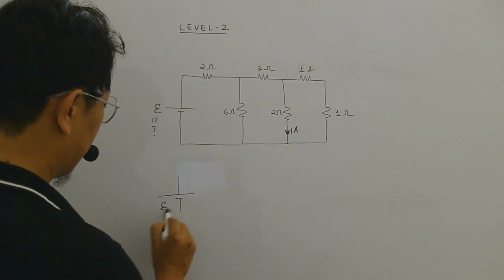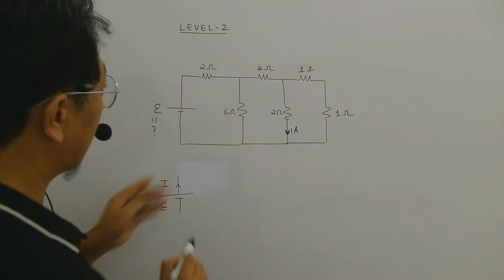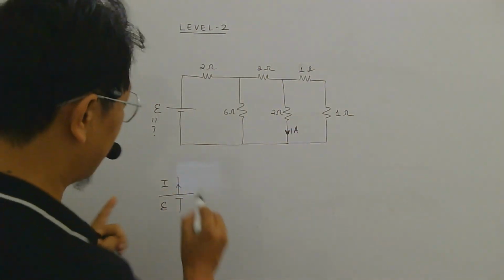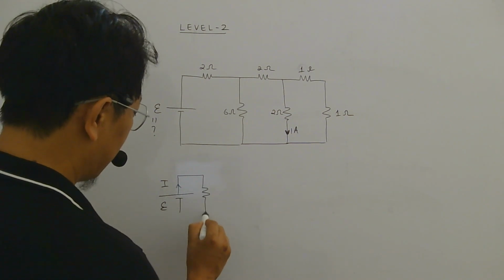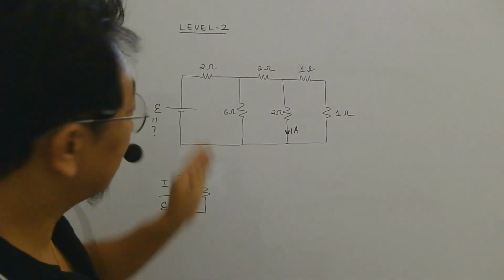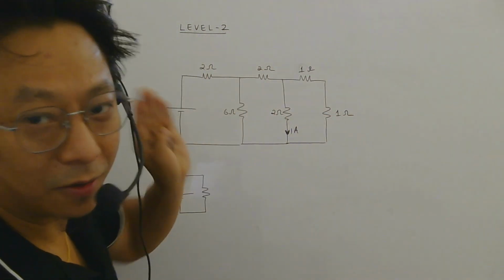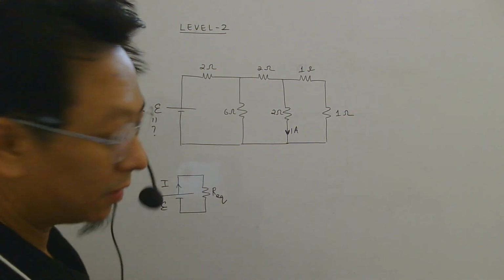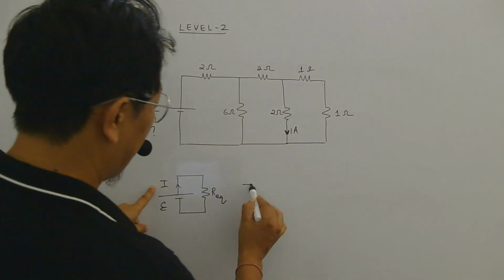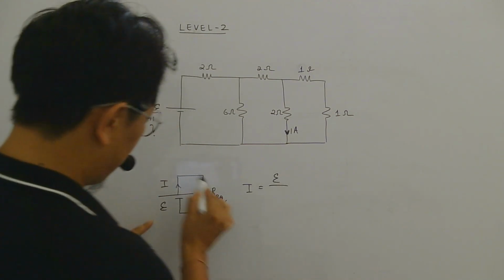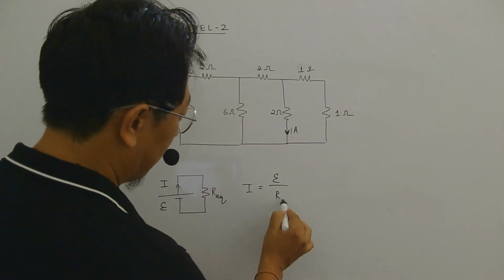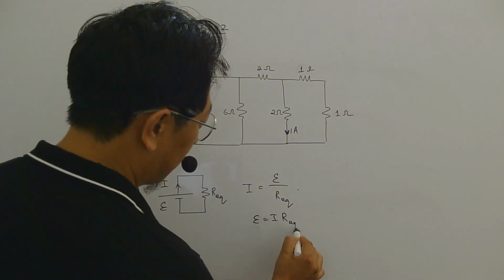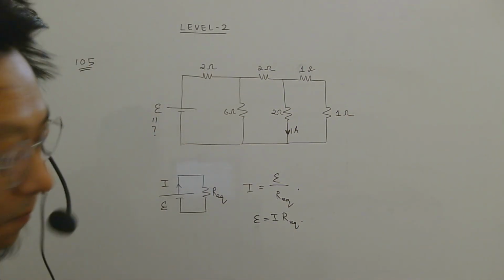If the current here was given, then I will just find the equivalent resistance of this circuit and replace the whole network with this single resistance. Now I can easily find the EMF because I will be EMF by total resistance, which is R equivalent. So EMF would be I into R equivalent, isn't it?